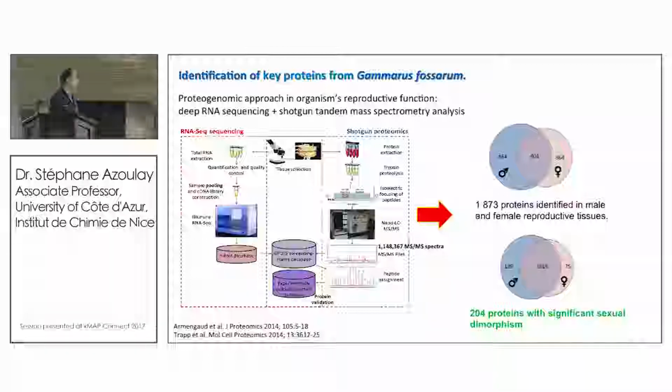With this approach and a lot of work, we could identify 1,873 proteins in the male and female reproductive tissue, and 204 presented significant sexual dimorphism, which can be good for biomarkers, especially for biomarkers of endocrine disruptors, which mainly perturb the reproductive system.